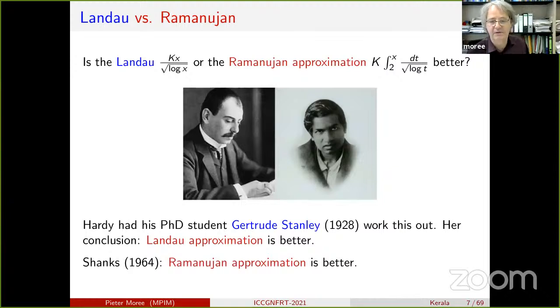He had a PhD student called Gertrude Stanley, and he asked her to work this out. Unfortunately, she made some mistakes, and she came to what turned out to be a wrong conclusion. But now we know what the truth is, and the truth is that the Ramanujan approximation is the better one.